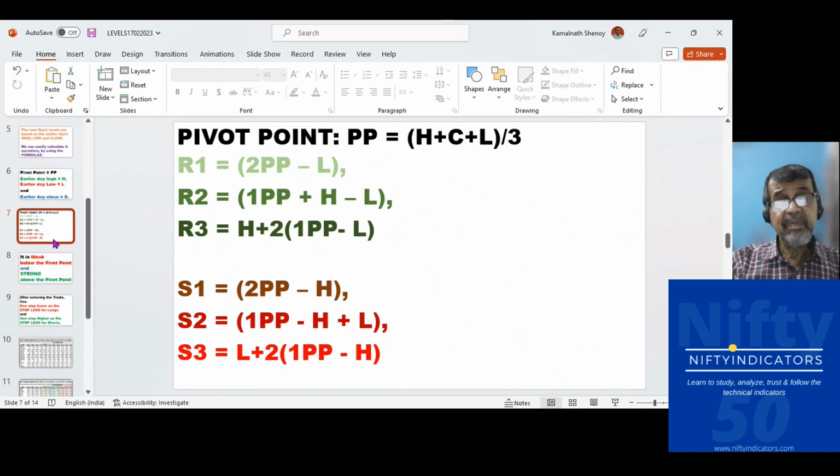That is, high plus low plus close divided by 3 is the pivot point. R1 is equal to 2 PP minus L, and so on and so forth. You can see the formula here. Copy it down. Use it daily. I'm sure you will be happier for it.